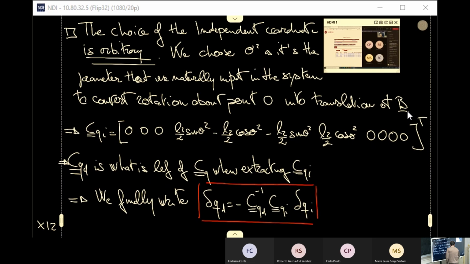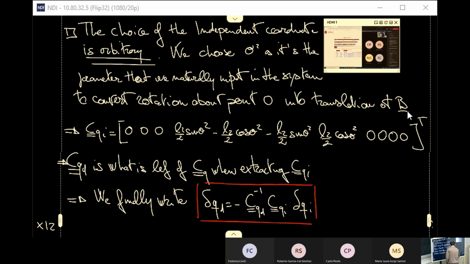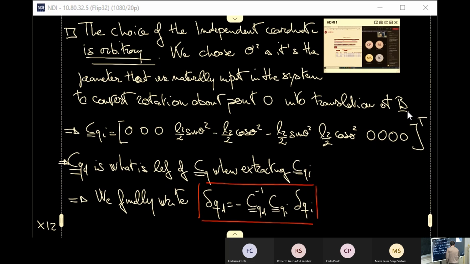And so as you can see now, once we set the virtual variation of the independent one, which is basically θ2, we get all the rest as a matrix multiplication. All the rest of the system of multiple bodies is determined.